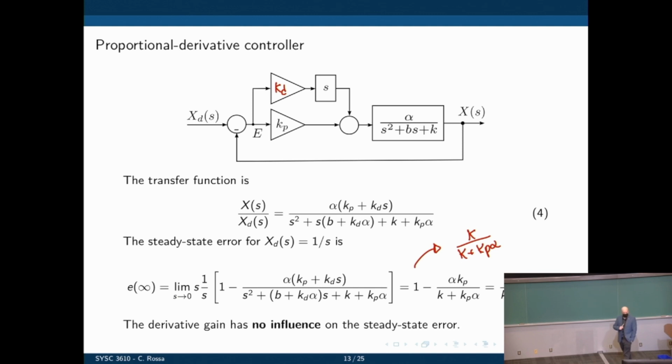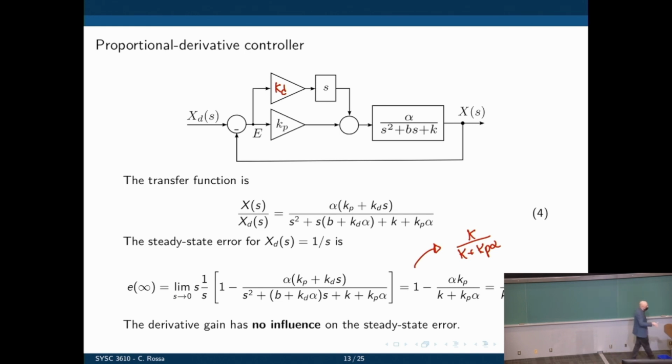And if you look at the result here, it tells us that the steady state error is only influenced by the proportional gain. That's the only thing that influences the steady state error. It's the same observation, in fact, that we had before. We can increase the proportional gain to reduce the steady state error, but you can never eliminate it. And the derivative controller doesn't show up there. It has no effect on the steady state error.